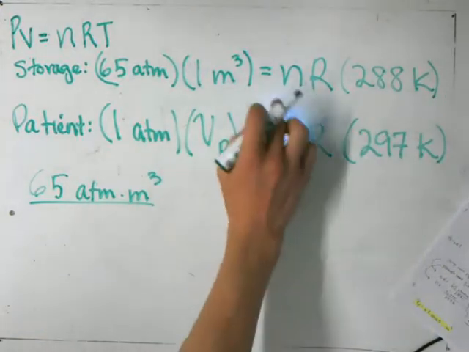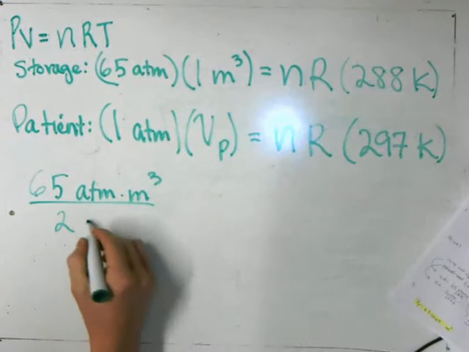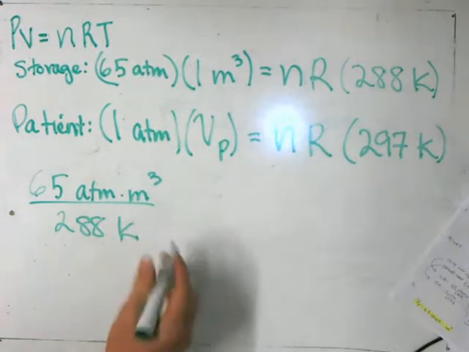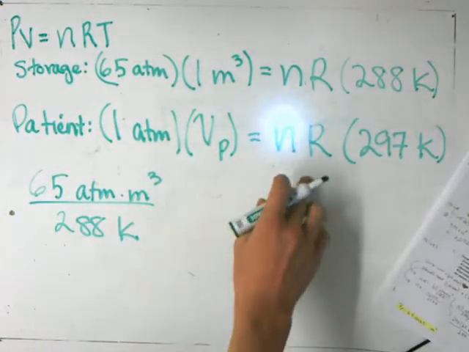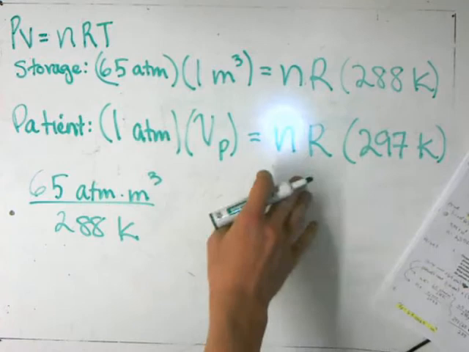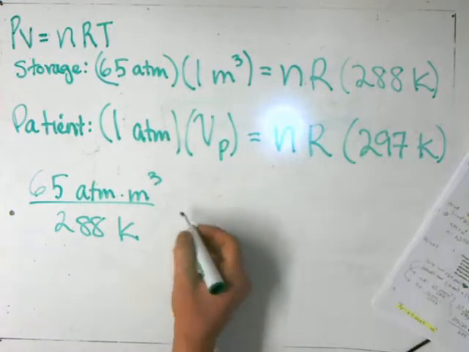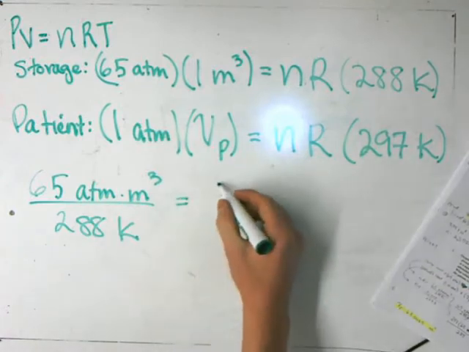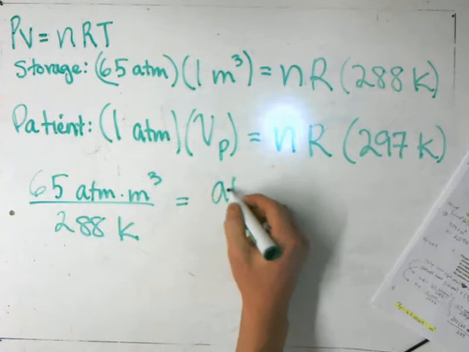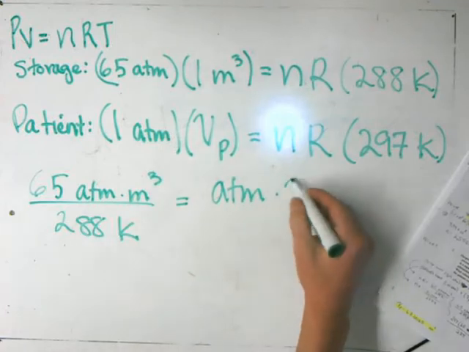Now, NR in the patient equation is the same, so we divide by 297 K, and we get 1 atmosphere times the volume in the patient's room over 297 Kelvin.